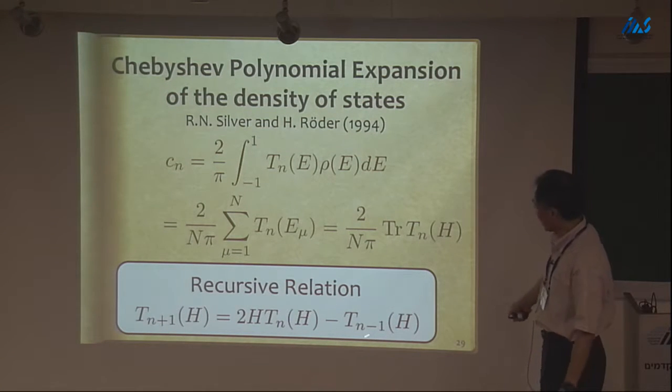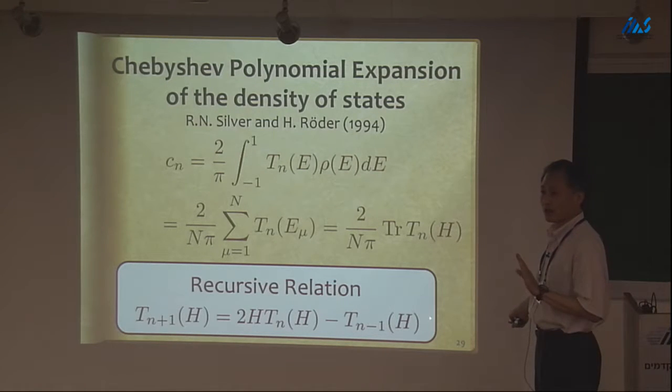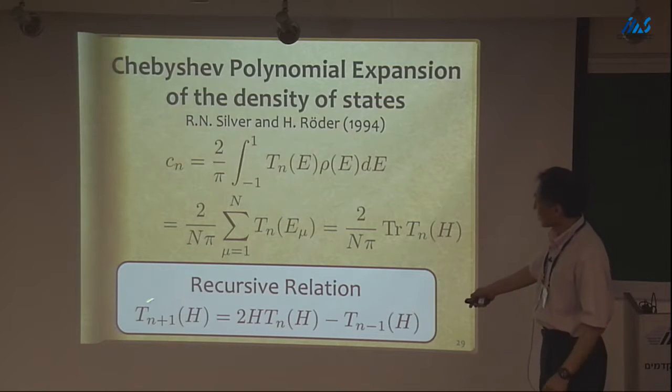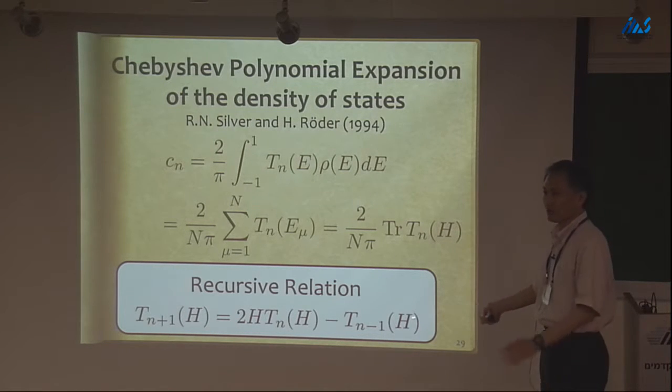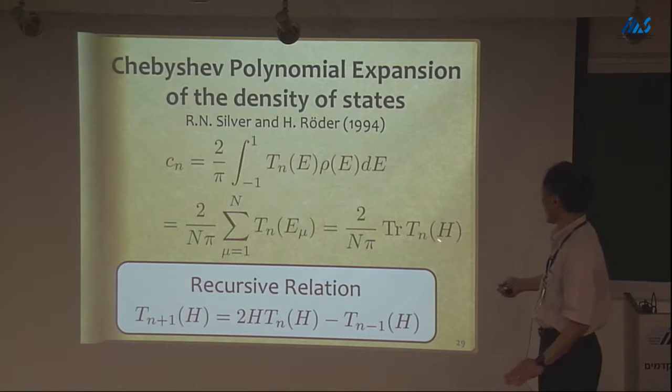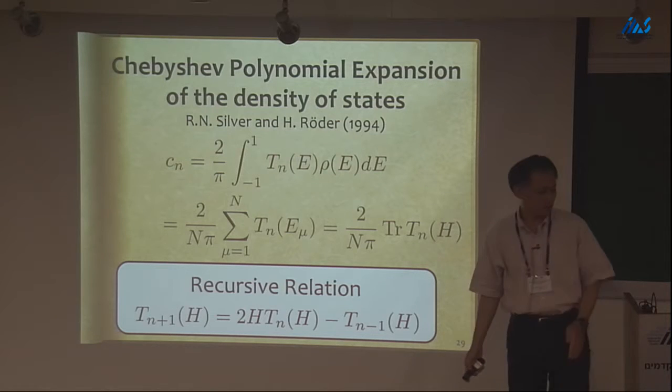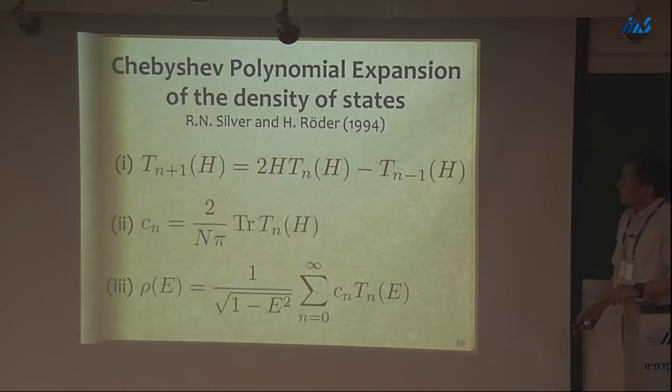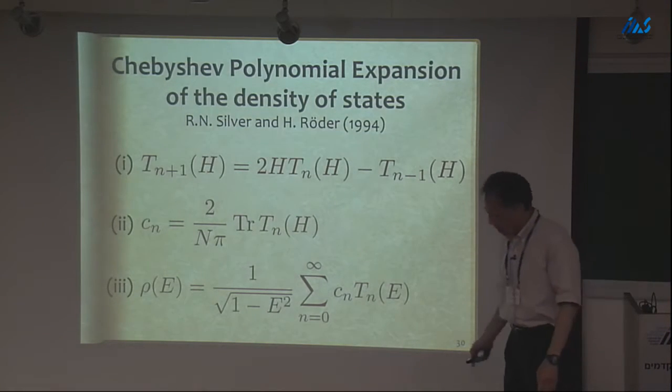So T0 is actually an identity matrix, and T1(H) is H. So I can generate T2(H) by multiplying H and H here, okay? And then I can generate T3 by multiplying H and T2, and so on. So every time I multiply the matrix, I can generate the higher order expansion coefficient. Okay, so this is how Silver's method works.